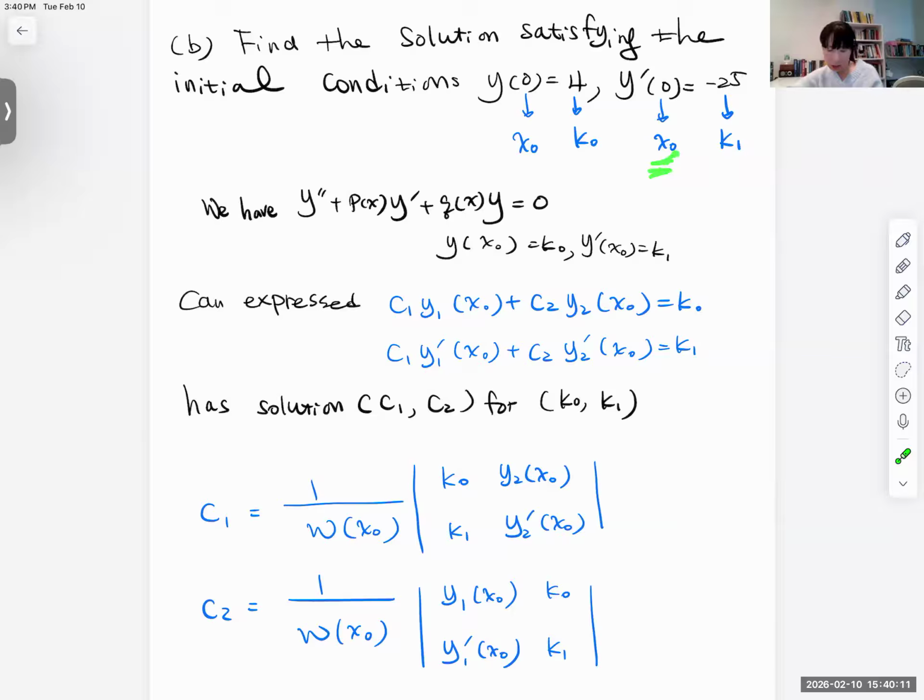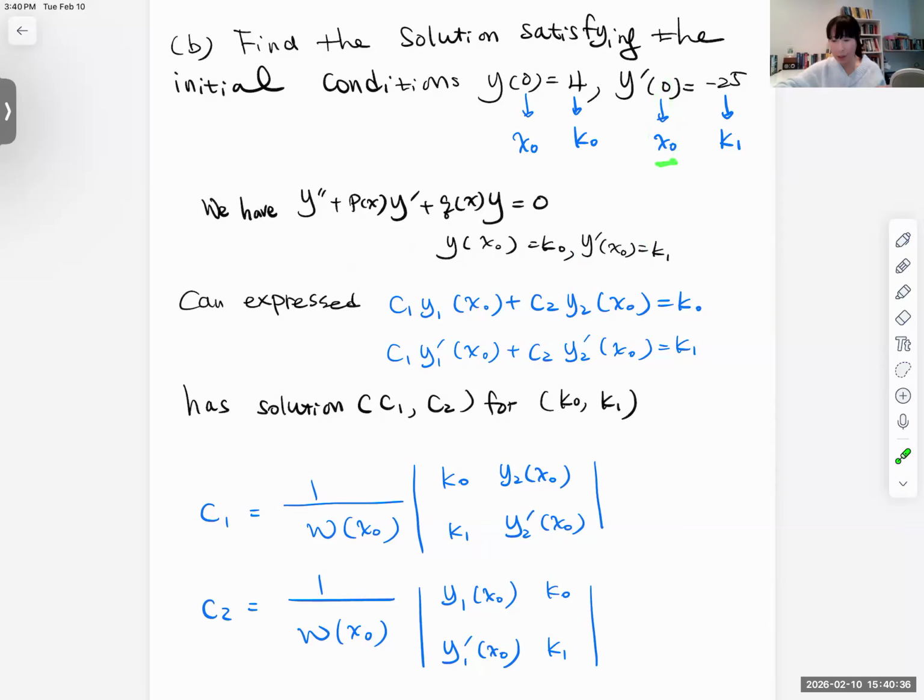Yeah, x sub 1? Oh no, they're using x naught, yeah. The original statement uses x naught, so this is x naught, yeah. So look, y of x naught equals k naught and y prime of x naught equals k sub 1. So just follow the statement, right?